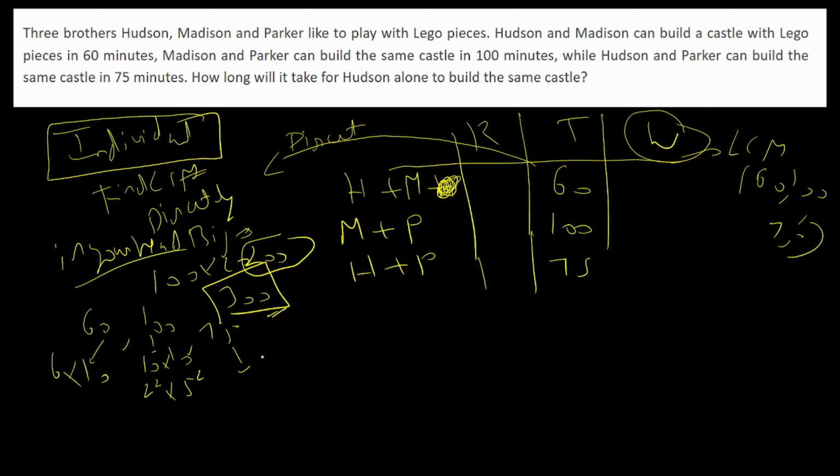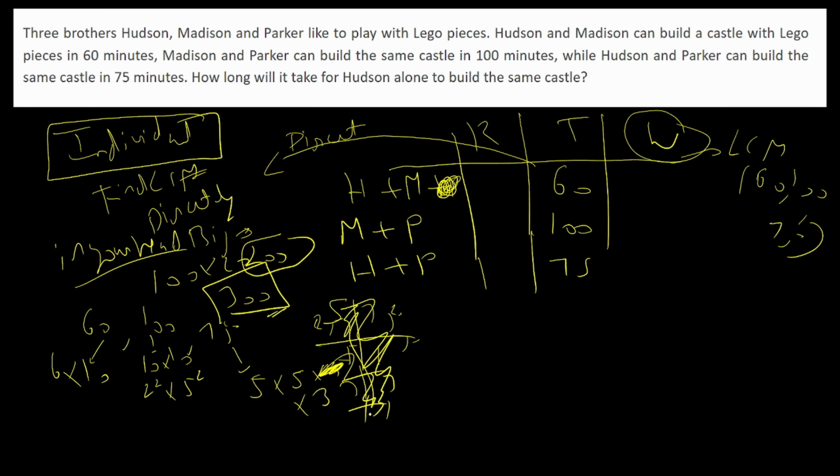And 75 I can write as 5 into 5 into 3. You can make it like this. And 60 you can write as 2 into 3 into 2 into 5, so it comes as 2 square into 3 power 1 into 5 power 1.